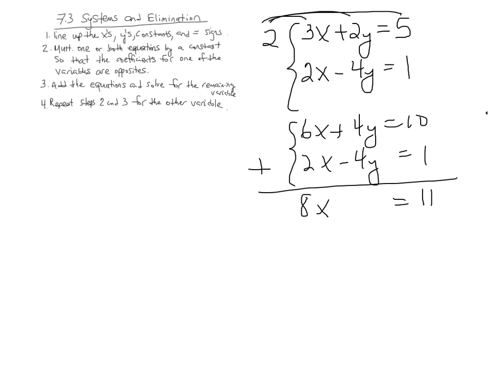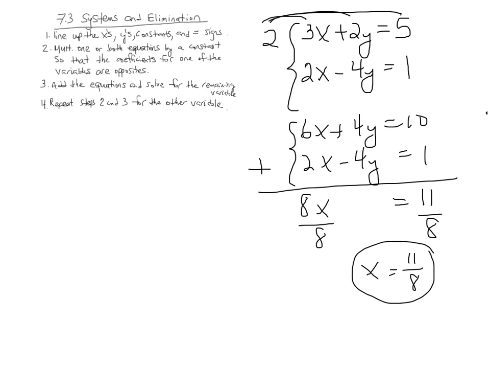And check what it says here, solve for the remaining variable. You'll notice the y's are gone. All that I have left now are x's, and to solve for x I just need to divide by 8. So I know that x is equal to 11/8. It's a fractional answer, but I didn't have to deal with fractions anywhere in this problem.